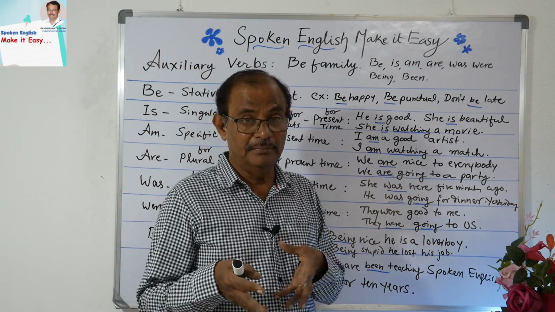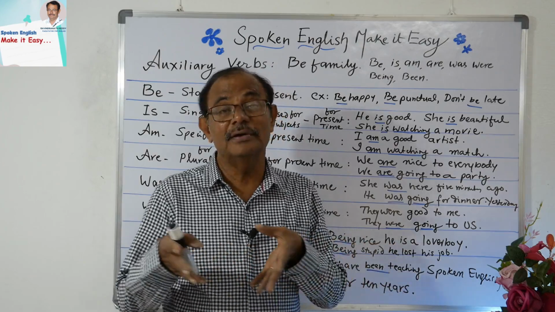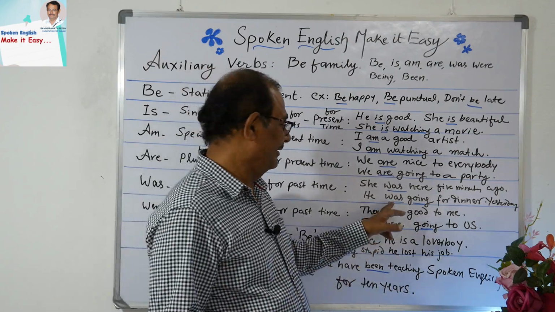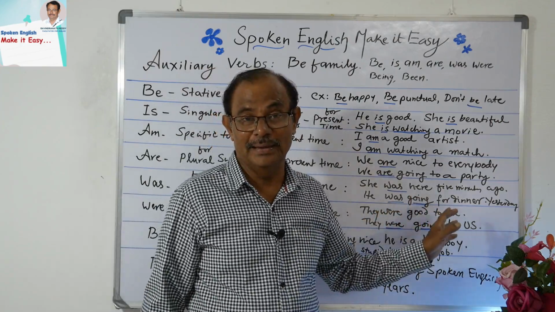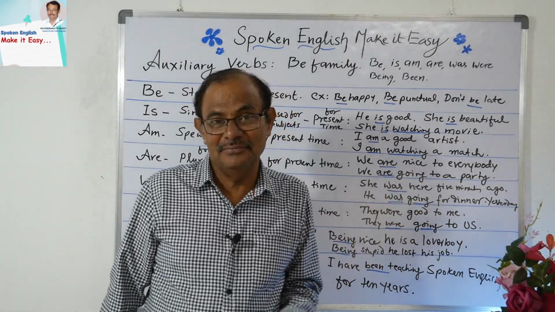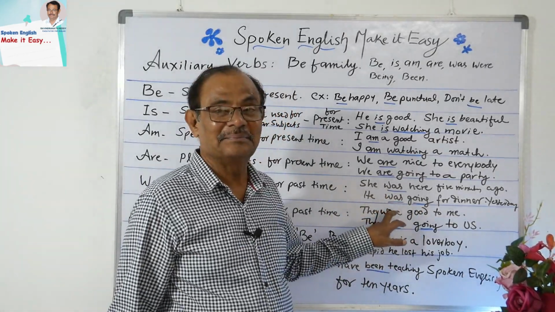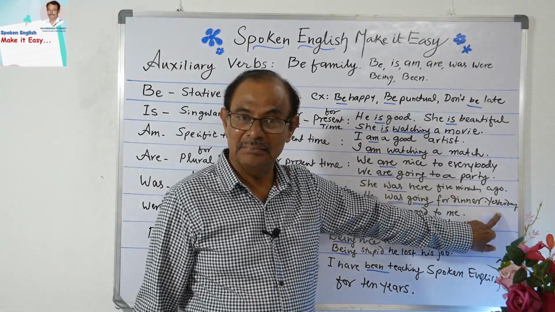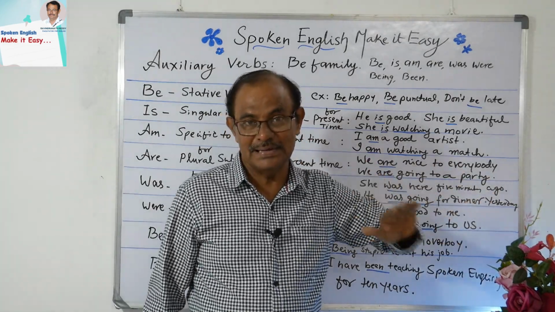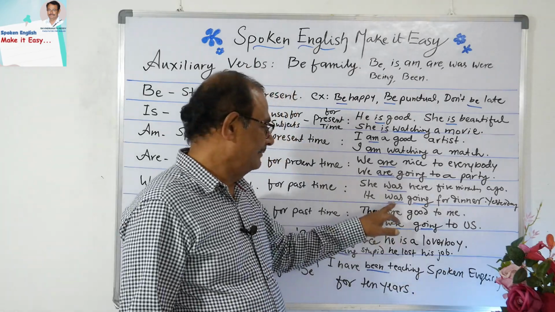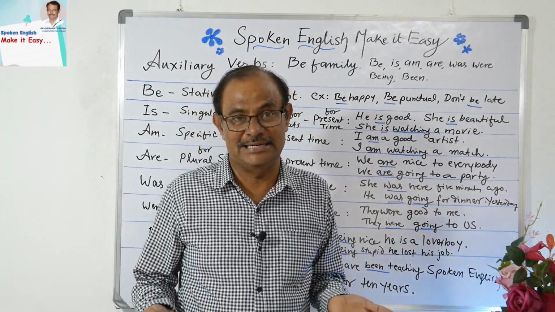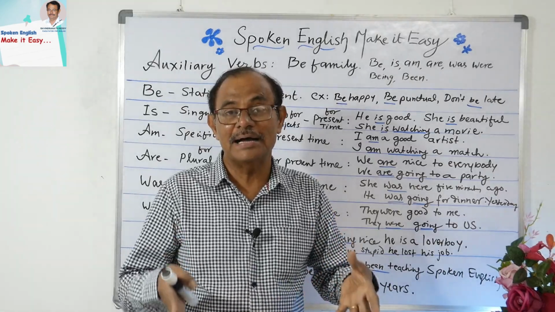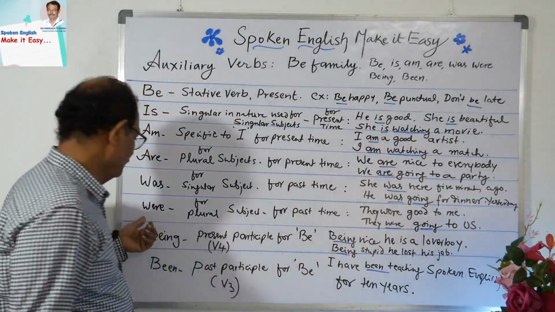When I saw him yesterday, he was going for a dinner. See here, was is used with going. So going is nothing but the V4, but in past time. Yesterday. See the time clause here. Yesterday is the past time clause, and was going is the past action, a continued past action.